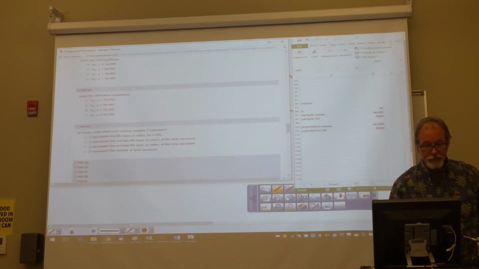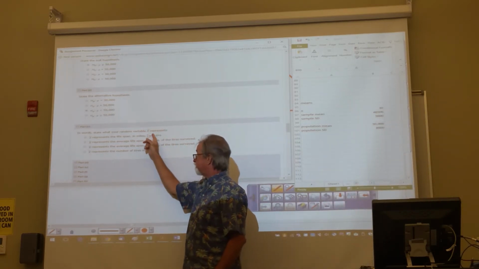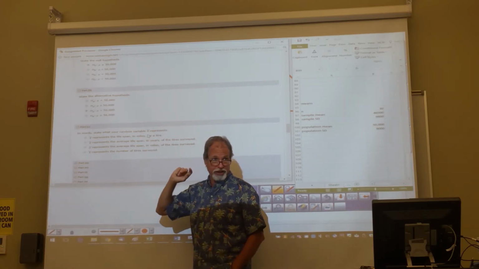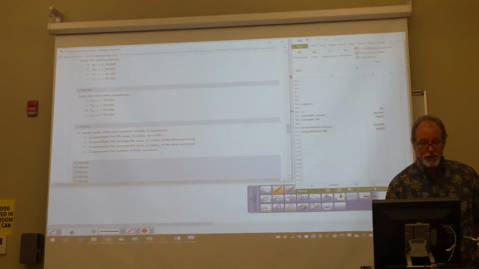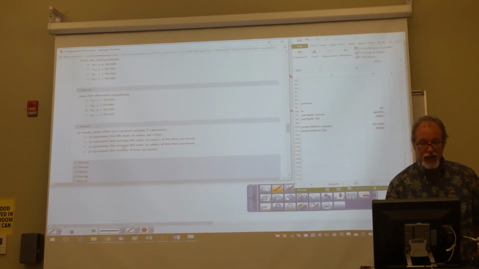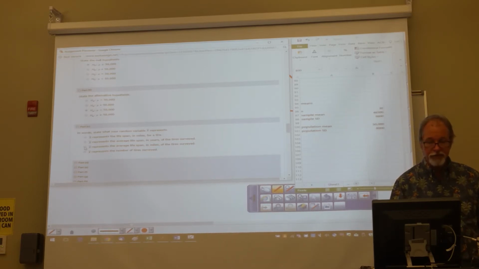Part C. State in words what it means. So the random variable that I'm talking about is the mean. So X bar represents the average lifespan in miles.